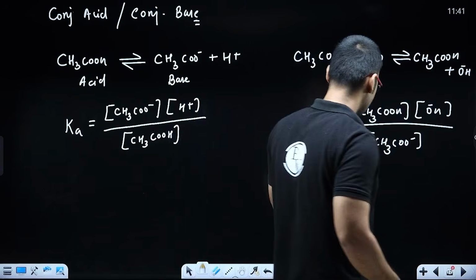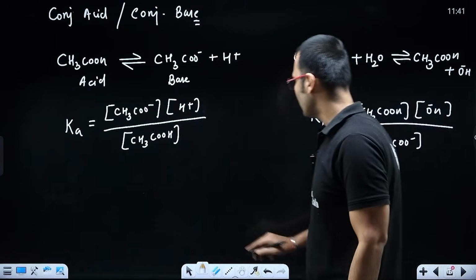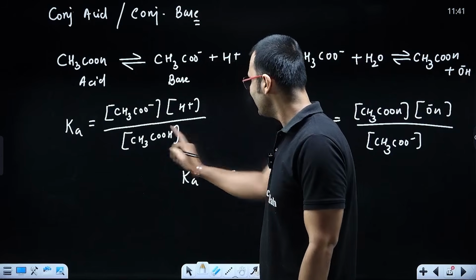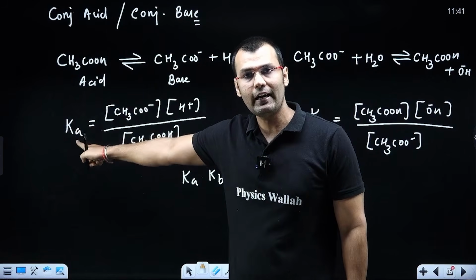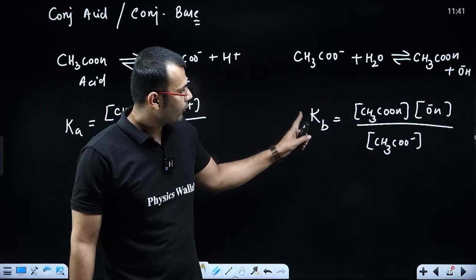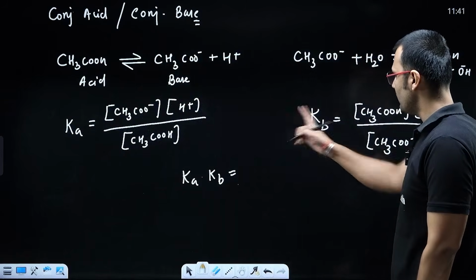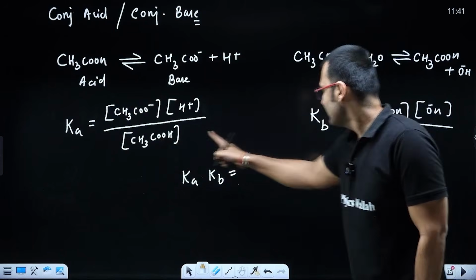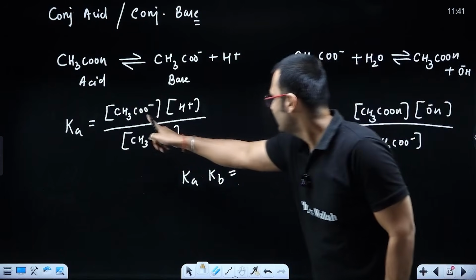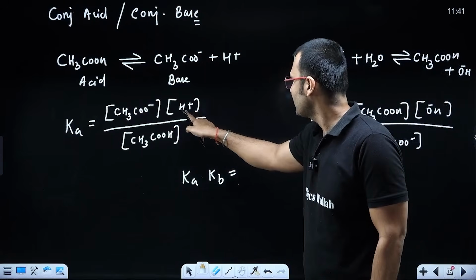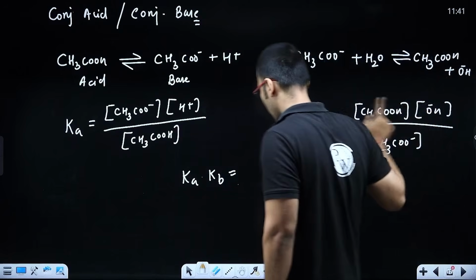Now if you see the expression carefully and if you try to calculate Ka times Kb, so if you multiply the dissociation constant of conjugate acid with the dissociation constant of conjugate base, if you multiply the RHS terms, acetic acid concentration will be cancelled, acetate ion concentration will be cancelled, and you are left with only concentration of H plus into concentration of OH minus.